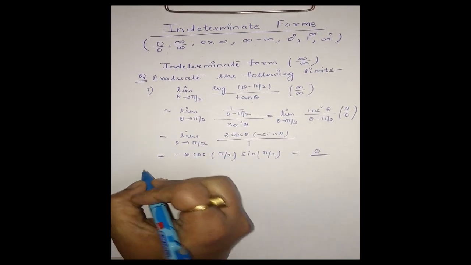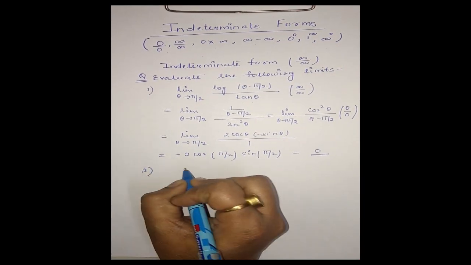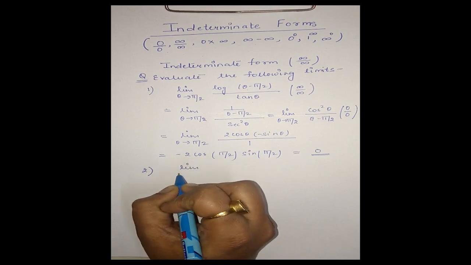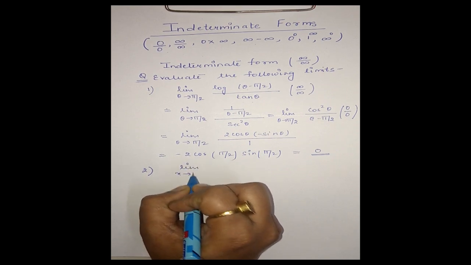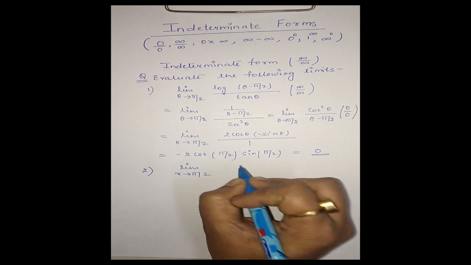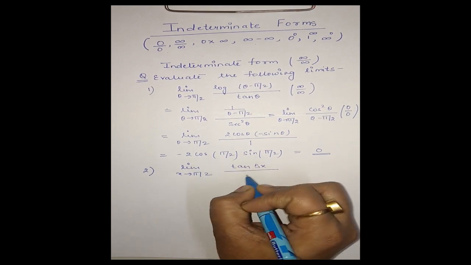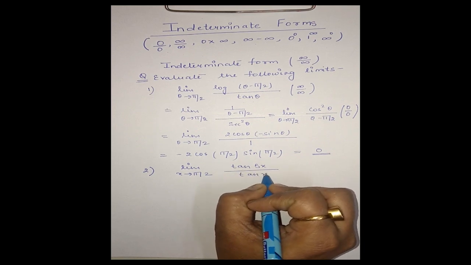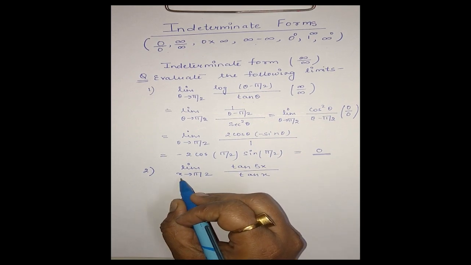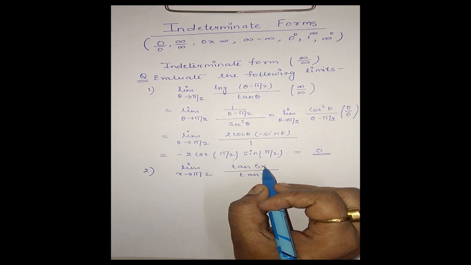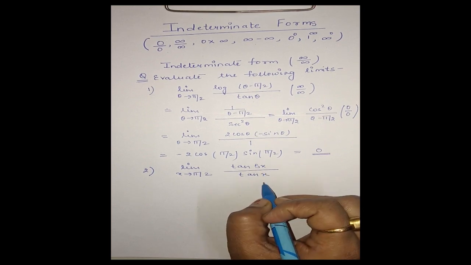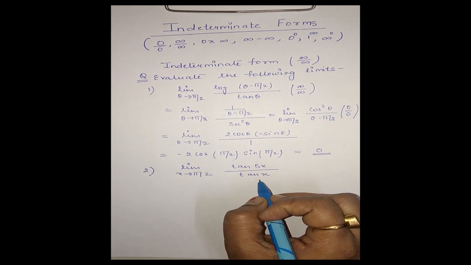Second, now consider this problem, limit x tending to pi by 2 of tan 5x divided by tan x. Now on taking limit as x tending to pi by 2, we have in the numerator tan 5 pi by 2 and in the denominator we have tan pi by 2.